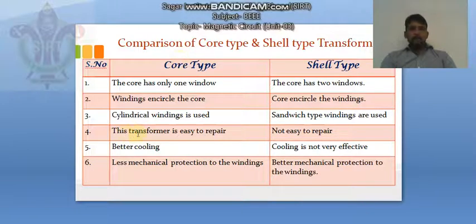Core type transformer is easy to repair, but shell type is not easy to repair. Core type has better cooling, but in shell type cooling is not very effective. Core type has less mechanical protection to the winding, but shell type has better protection to the winding.